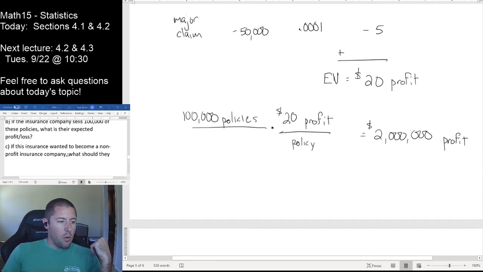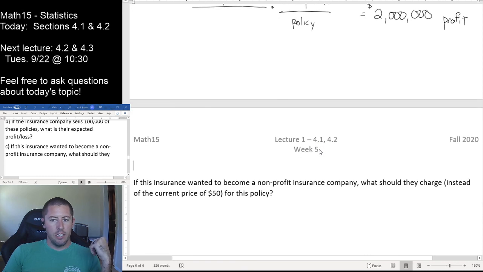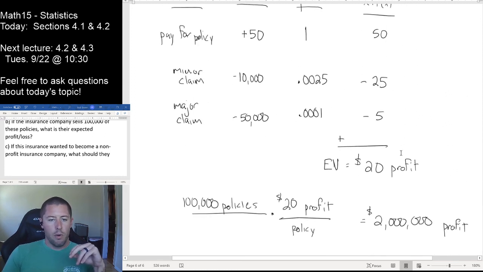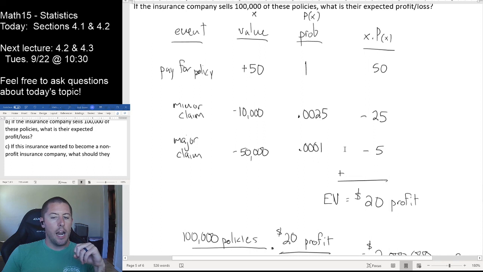So the last question that I want to ask is, if this insurance company suddenly decided that they're a bunch of awesome people and they don't necessarily care to make profits anymore, what should they charge people so that they just break even on this whole thing? Well, they are expecting on average to pay out $30 per person. And again, that's a ridiculous statement, sort of, because nobody is getting anywhere close to a $30 payout.